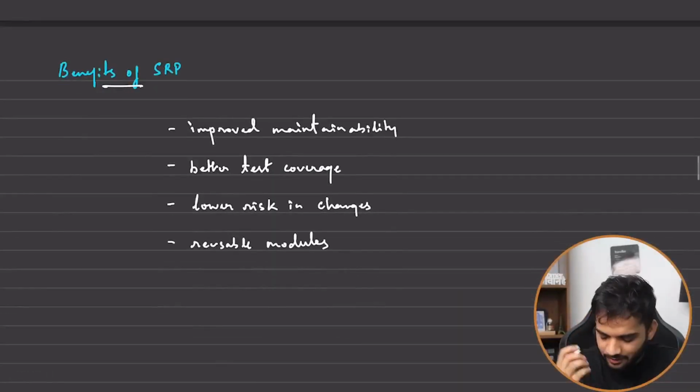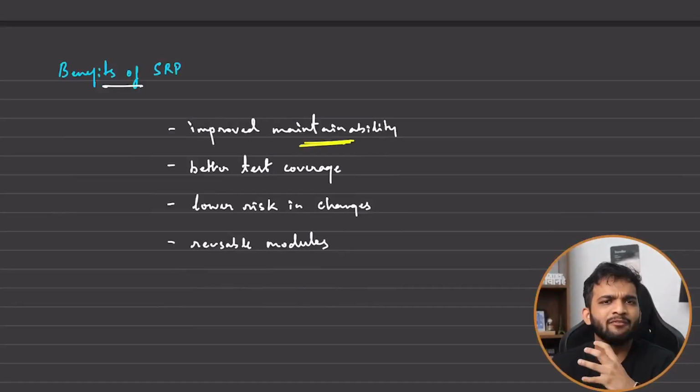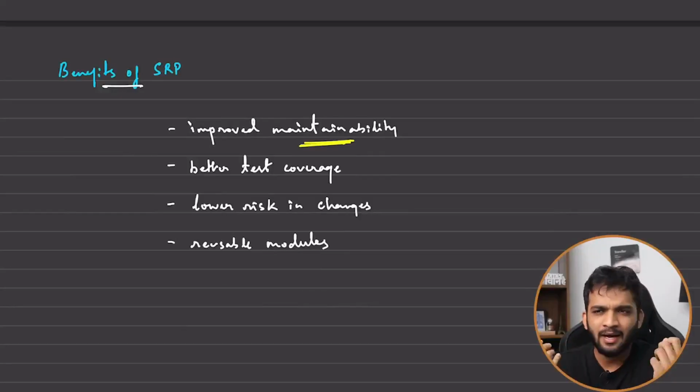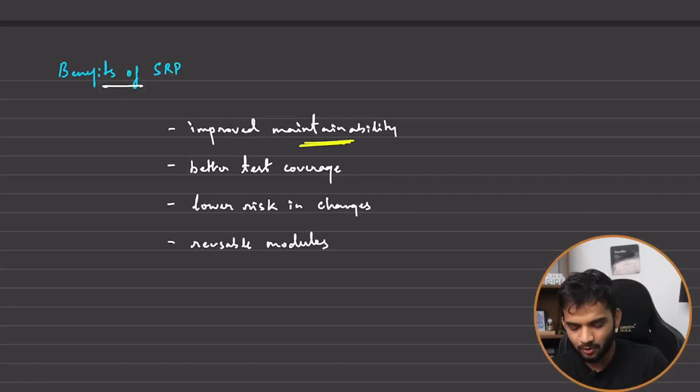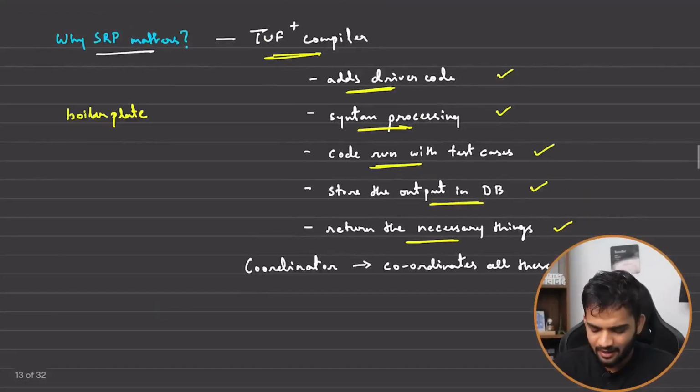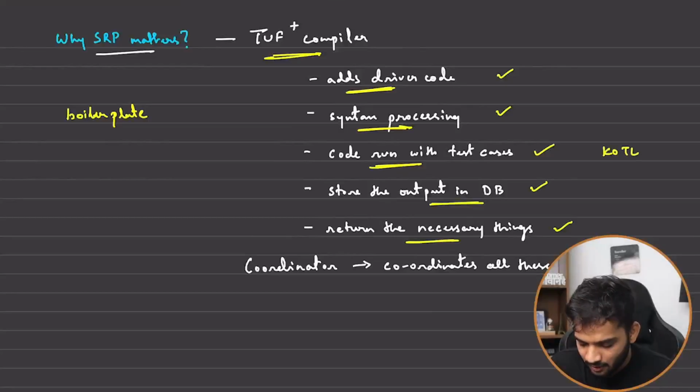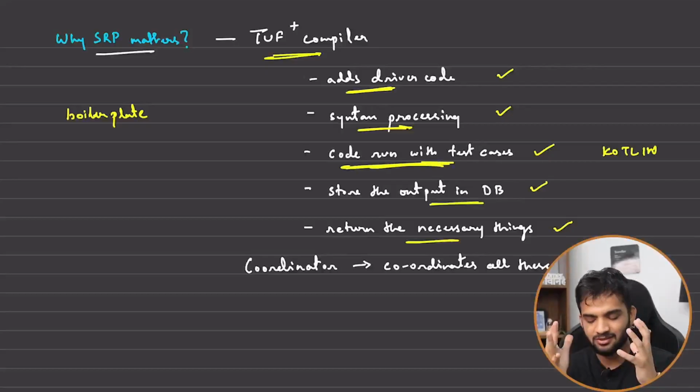First of all, as I stated, it's going to improve maintainability. Tomorrow, if I have to fix any portion of the code, or if I have to add anything, I can easily do it. So imagine tomorrow someone says, hey, can you just add one more language check? Let's say I'm going to add Kotlin. Now, I know that this particular class is running the code.